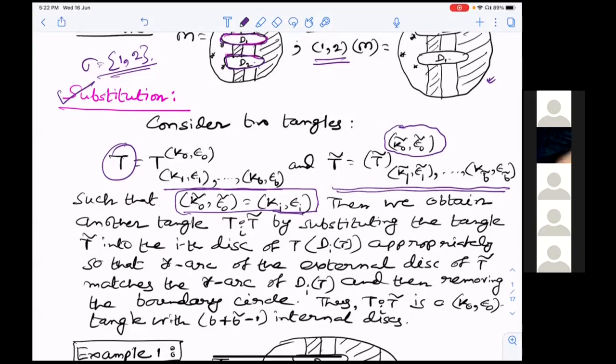Then we can obtain another tangle, T circle i T tilde, where everything happens in the ith disk.